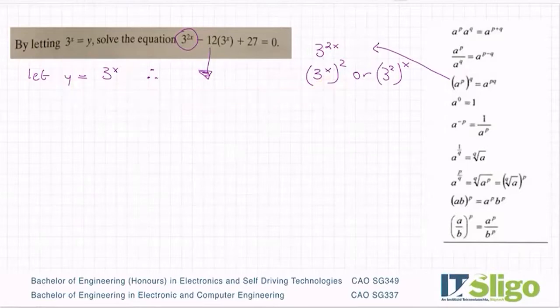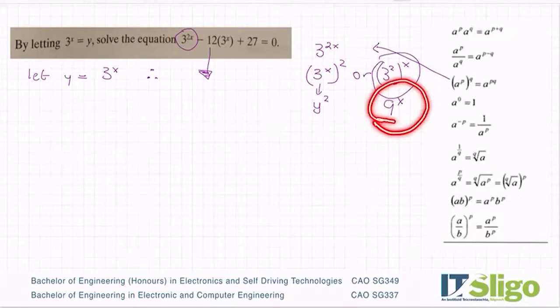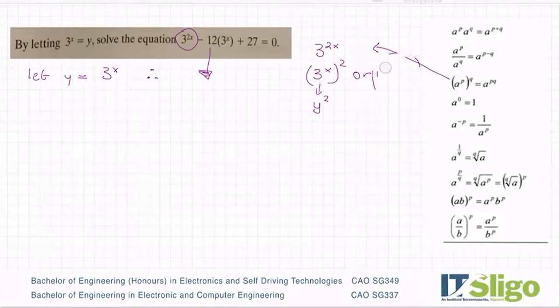Whereas 3 squared to the power of x is 9 to the power of x. I've changed my base number, so I've actually made my problem worse. That's why I don't consider that option. I consider 3 to the power of x because that's my y.